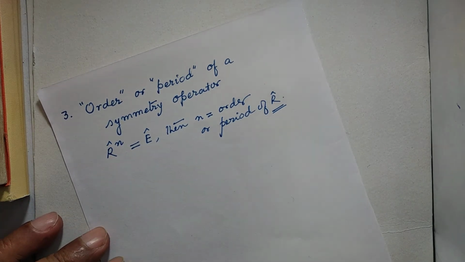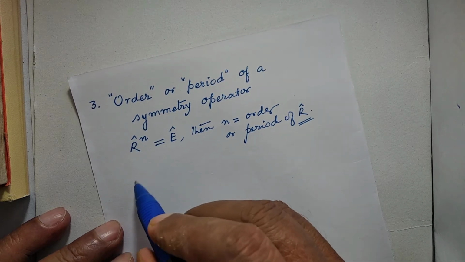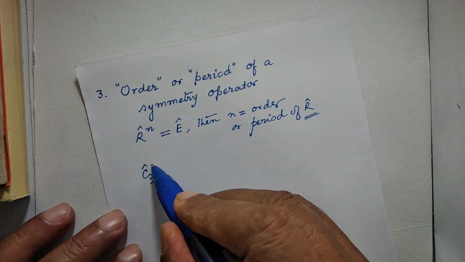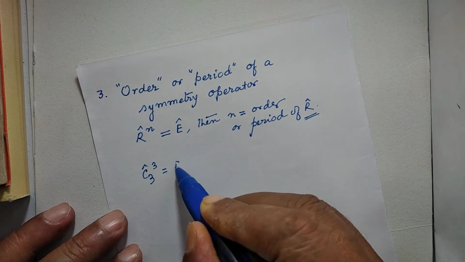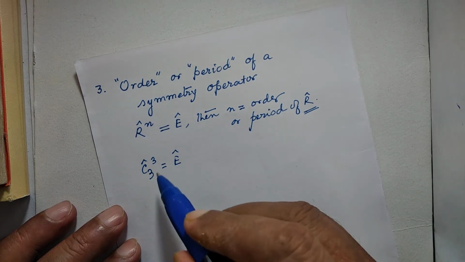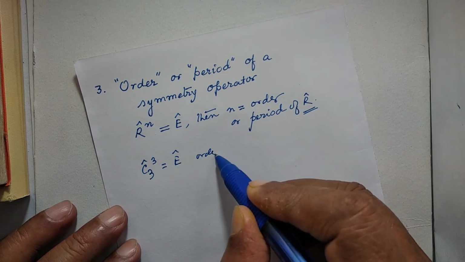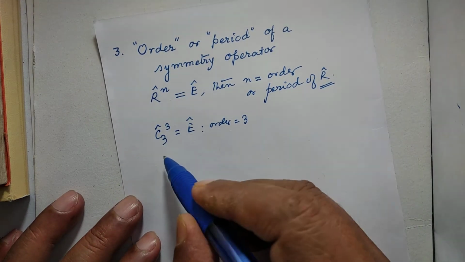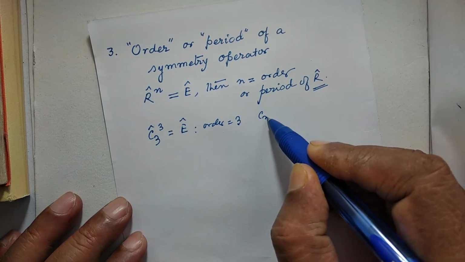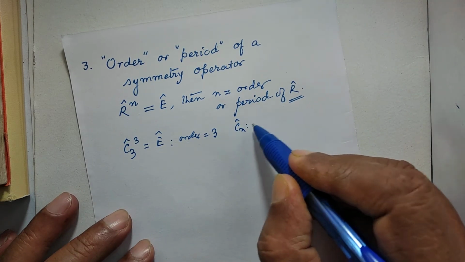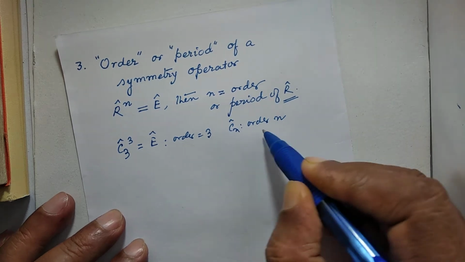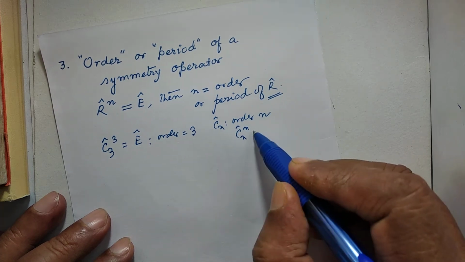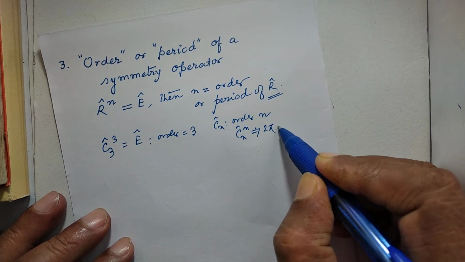For example, the C3 operator, when carried out 3 times, will produce identity, a 360-degree rotation. So order is 3 in this case. Any Cn operator has order n because Cn carried out n times implies a 2 pi rotation.